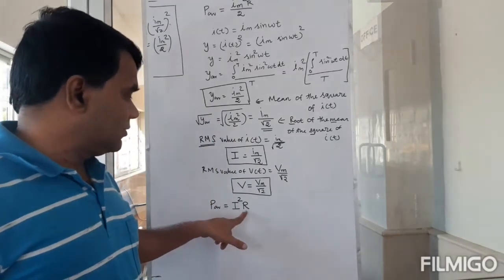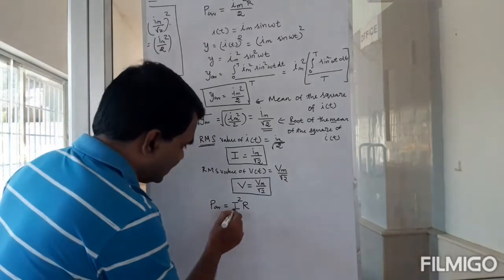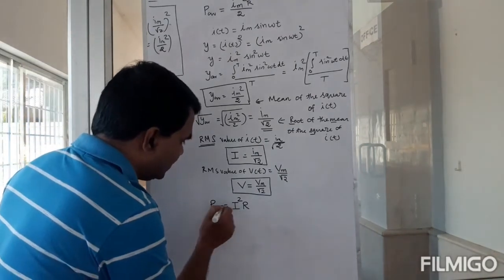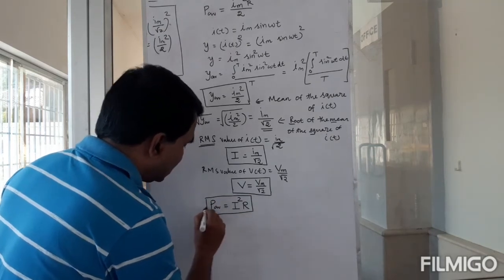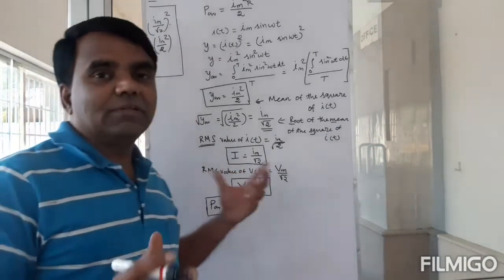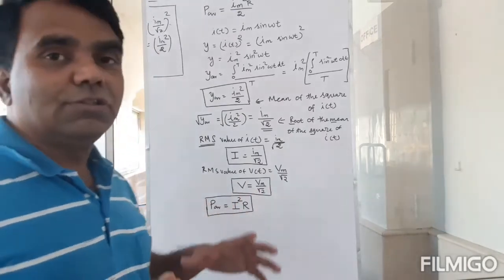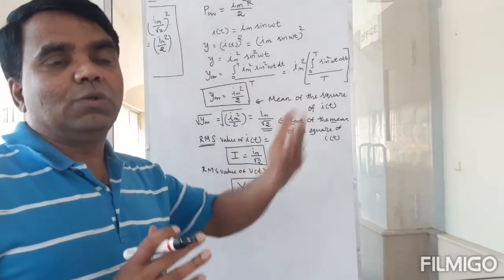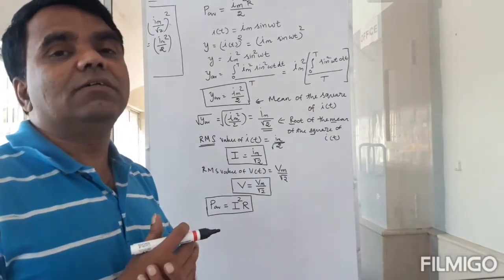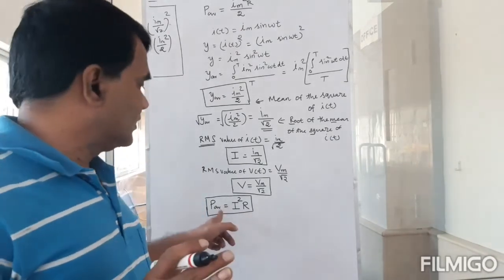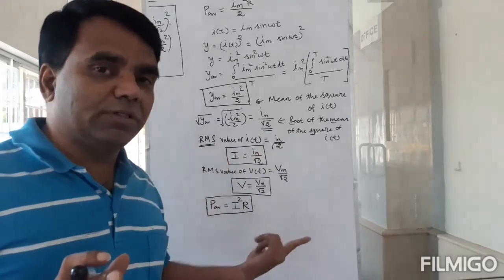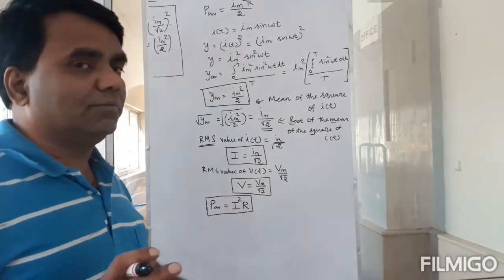I squared R. Be careful. This is RMS value. This is average value. Two different values. And then now you get something very similar to what you find in a DC. So the average power is equal to I RMS squared multiplied by R.